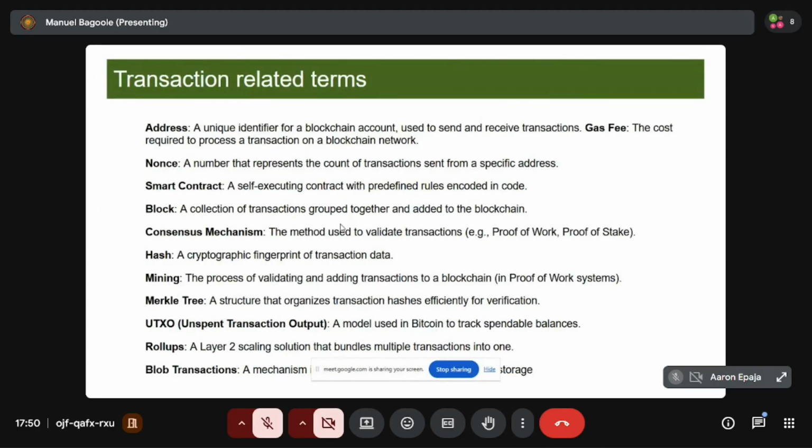Understand the hash as just a cryptographic fingerprint over a transaction, over a block, and so many other things as we look at them. Then mining: the process of validating and adding transactions to the blockchain. When someone hears the word mining, they might assume it requires some kind of mechanical energy to, I don't know, get some mineral from the ground, but it's not really accurate in that regard.